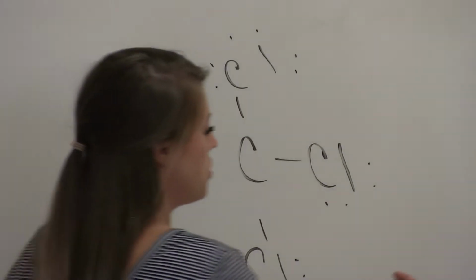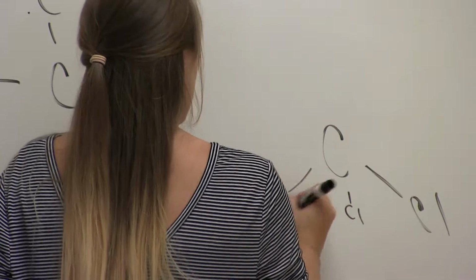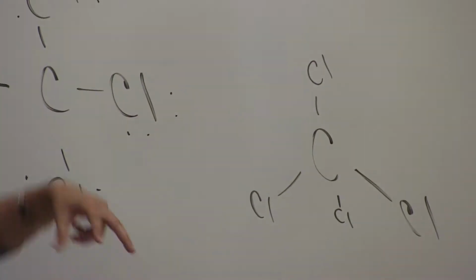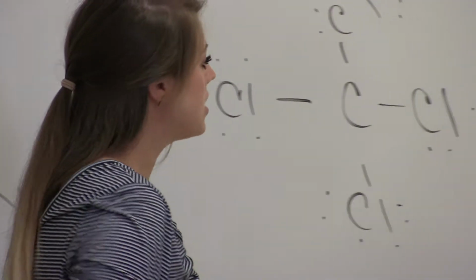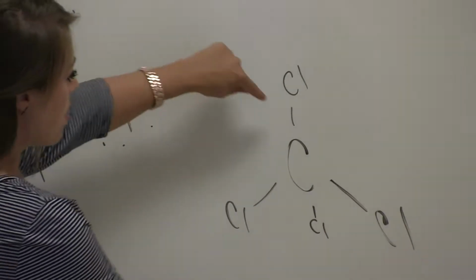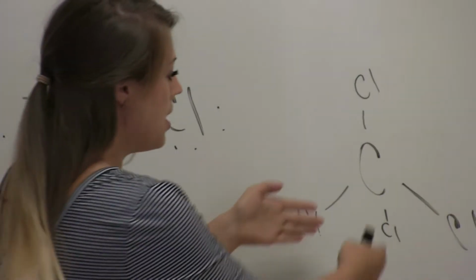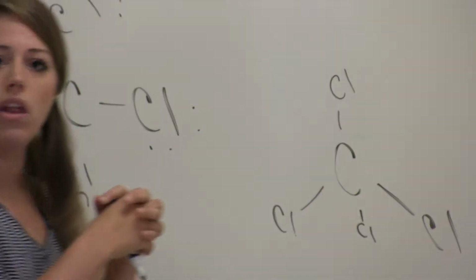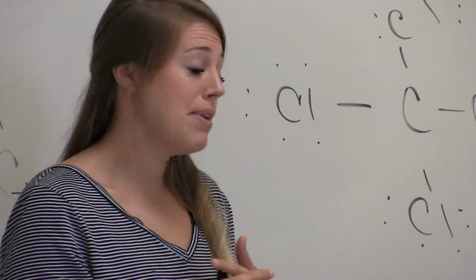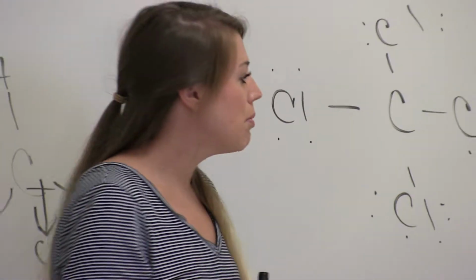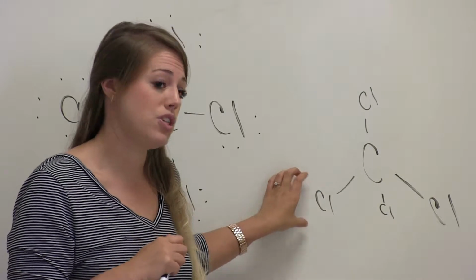If we were to draw the molecular geometry for this, we're going to get a tripod with one sticking up on top, which is the way tetrahedral looks. But if you look at this, the pull here is even. Chlorine wants the electrons, but they're going to cancel out because they're equal and opposite. If they're equal and opposite in charge, they're all going to cancel out. We're not going to have a dipole occurring. So we would call this a nonpolar molecule because we have an even distribution of charge here.